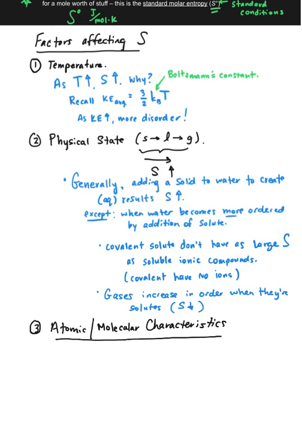What we can generally say is that for atoms, increasing atomic number means increased entropy. So heavier and heavier atoms increase entropy. This is because for heavier and heavier atoms, we're increasing the amount of occupied energy levels that electrons can occupy, that nuclei can occupy.